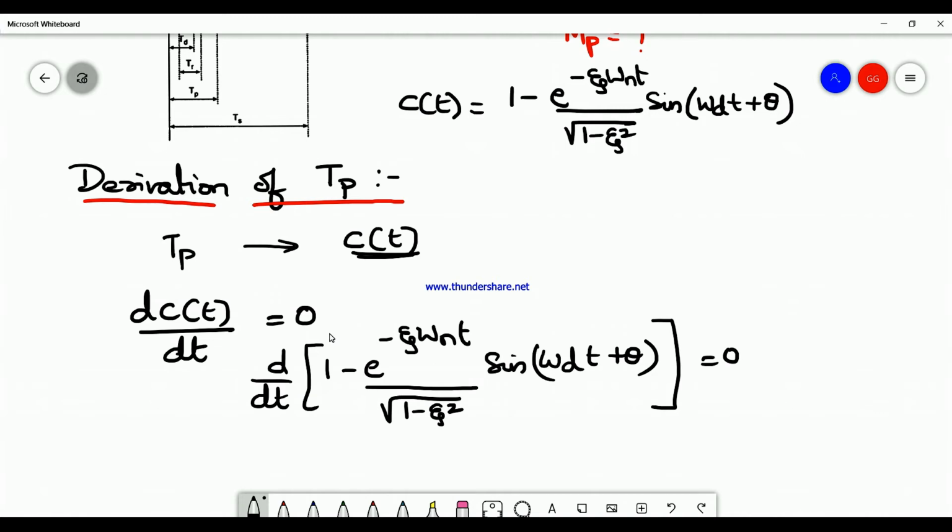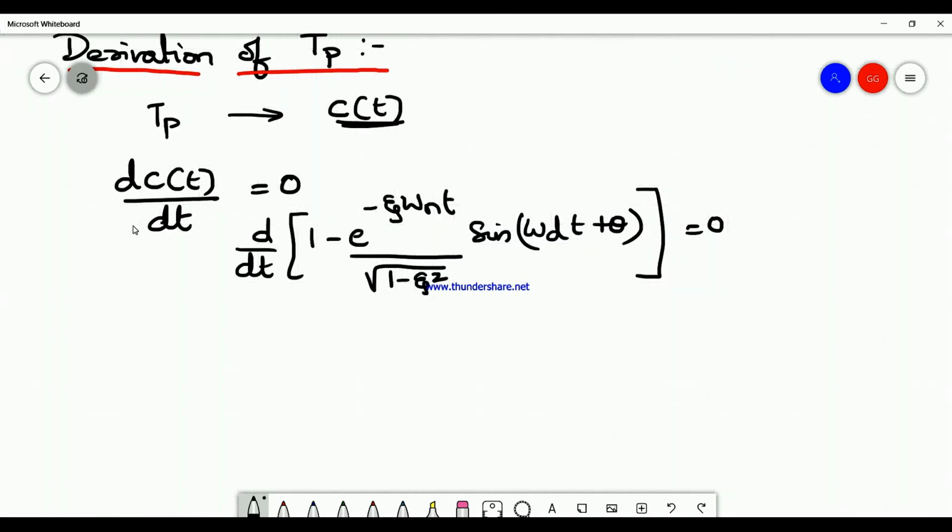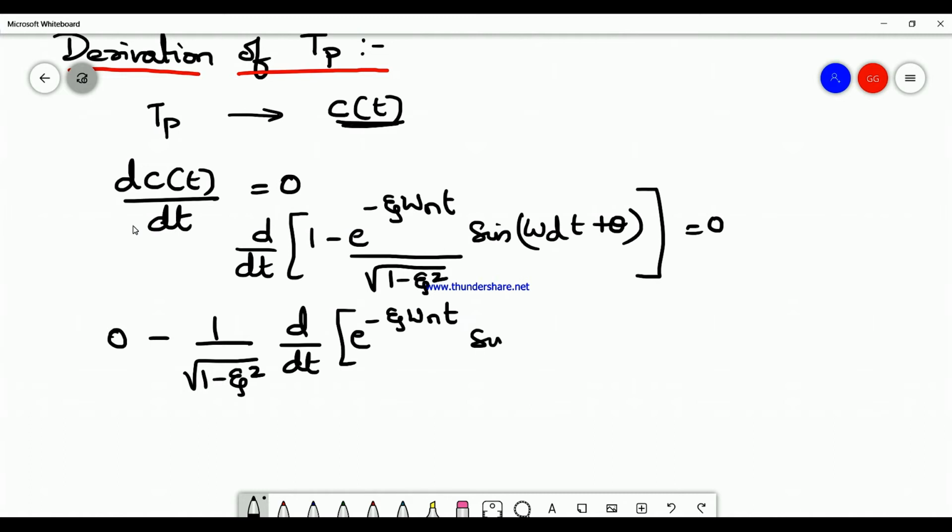So we differentiate this with respect to time t. The differentiation of 1 is 0, minus 1 over square root of 1 minus zeta square, which is a constant and comes outside. So d by dt of e power minus zeta omega n t multiplied by sine of omega d t plus theta, which is again equal to 0.